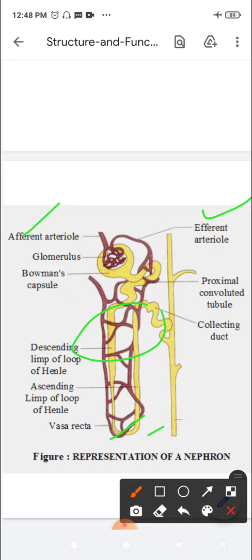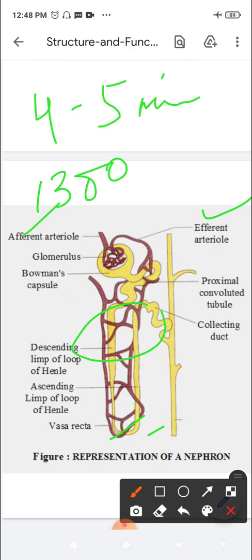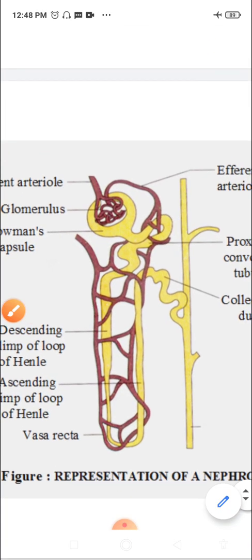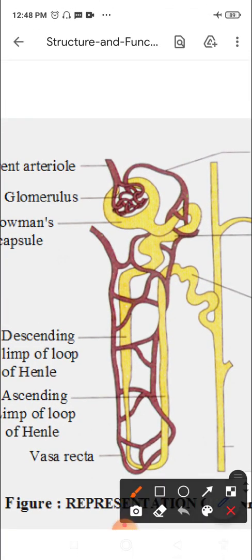So the kidney filters an equivalent amount of blood volume every 4 to 5 minutes. Now this is around 1300 ml of blood passing per minute through the kidney. The glomerular capillaries, if we look at the capillaries of the glomerulus, here this is the tuft of capillaries, here this region is the glomerulus.